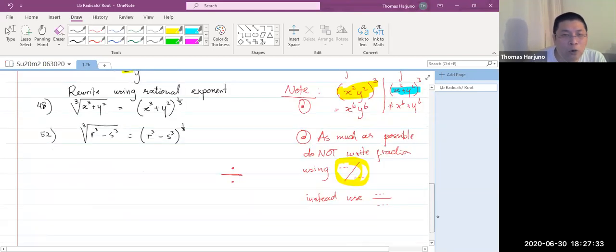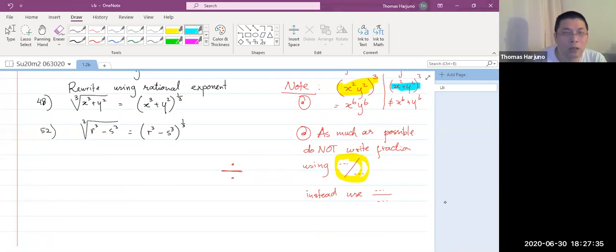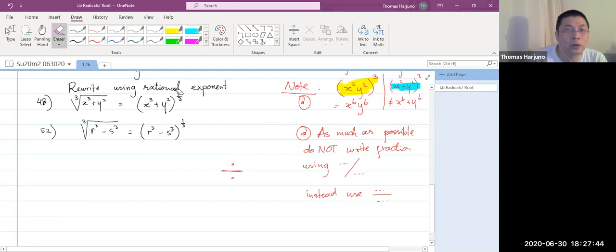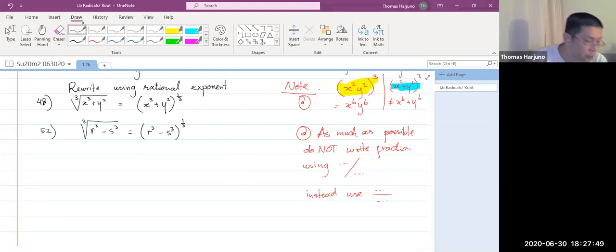I don't mark you wrong for that, but I have seen students get confused by their own notation, and it sounds silly because it's your own notation, but you get confused yourself. So please avoid using that slash notation.